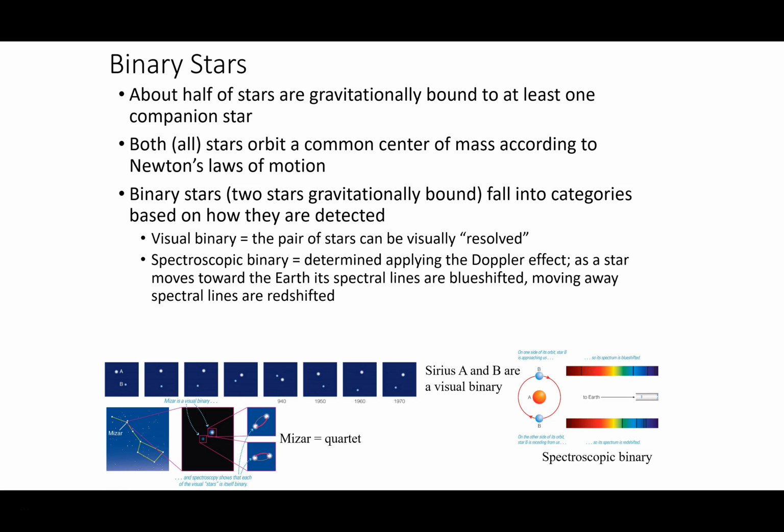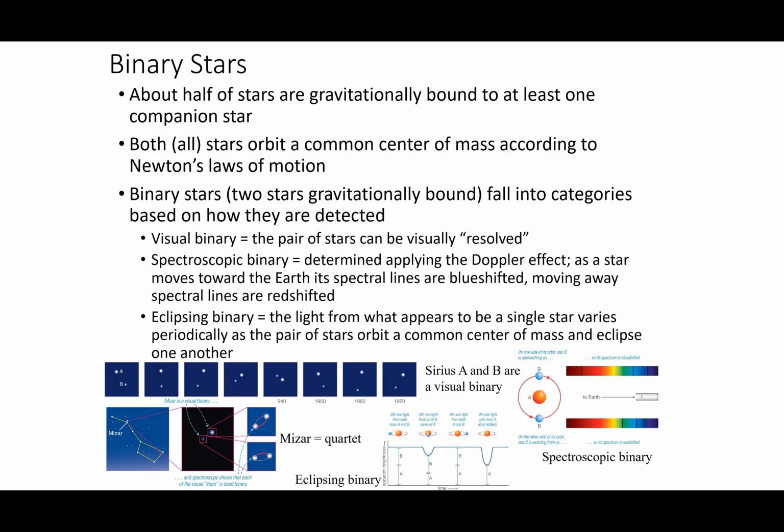So in a spectroscopic binary, you can't see two until you look at their spectra. There's one more type of pair of stars that you can't see with the naked eye, and it's called an eclipsing binary. Again, the name only describes how you know that there's two stars there. Last August, of course, we had the solar eclipse where the moon passed in front of the sun.